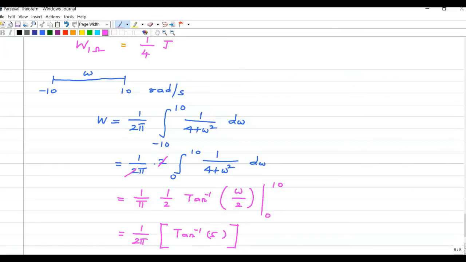So I want you to use your calculators in radian mode. That is very important because this omega is in terms of radians. Find out tan inverse 5. You divide the value by 2 pi.